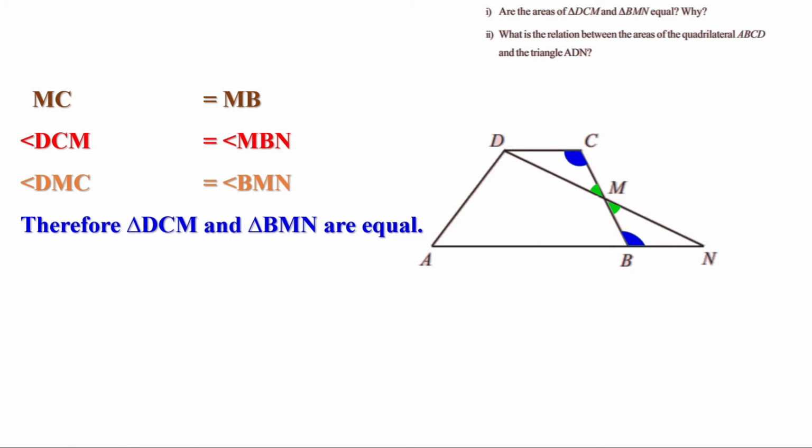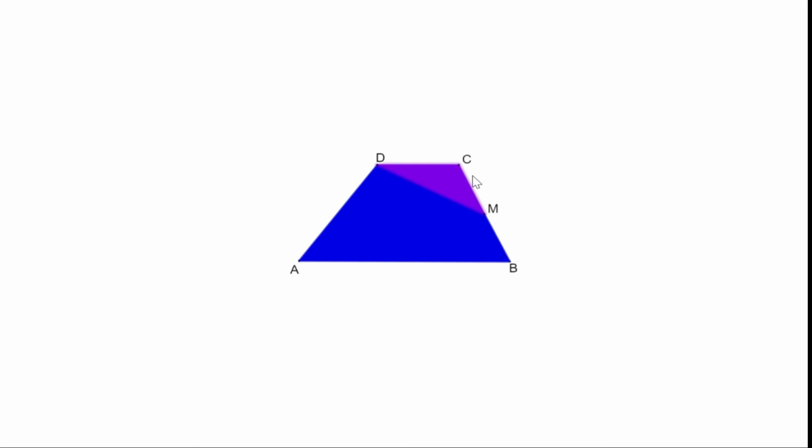Now the second part, what is the relation between the areas of the quadrilateral ABCD and triangle ADN? This is quadrilateral ABCD. Now let me cut this triangle from this quadrilateral. Now let me place a triangle of the same area here, like this.